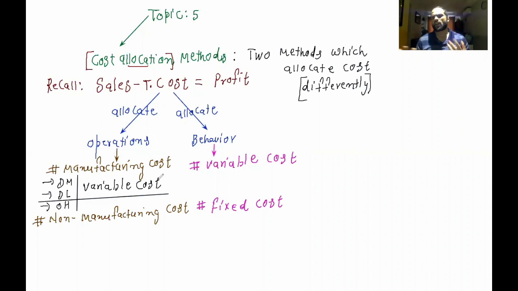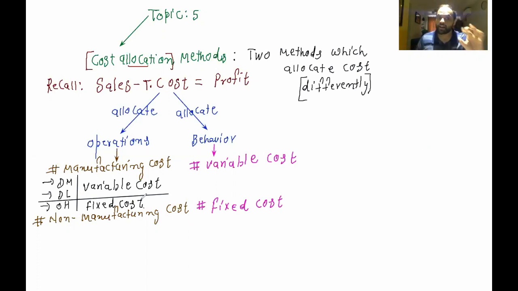Supervisor is a semi-variable or a step cost, but as I said, we will classify cost into two parts, variable and fixed. So we ignore the step cost and semi-variable. So supervision is also part of your fixed cost. So overhead is your fixed cost.